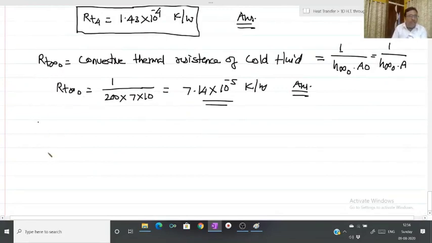Now point number 3 is total thermal resistance.